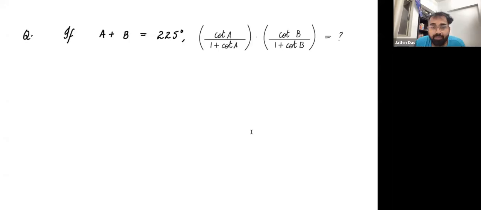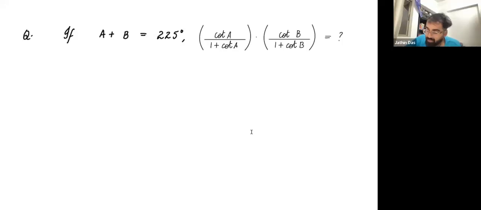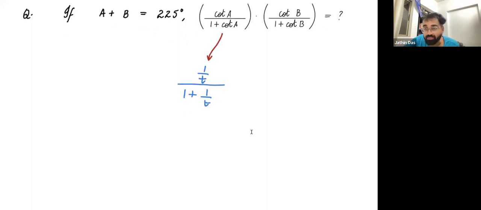You did? Convert into tan, it is much easier. See, anything you can do. So this will be 1 minus tan by 1 plus tan. I'm just showing you how cot plus 1 by cot will be in terms of tan.